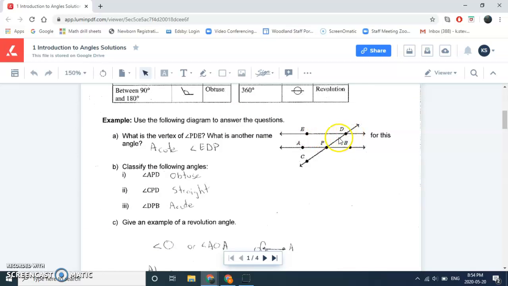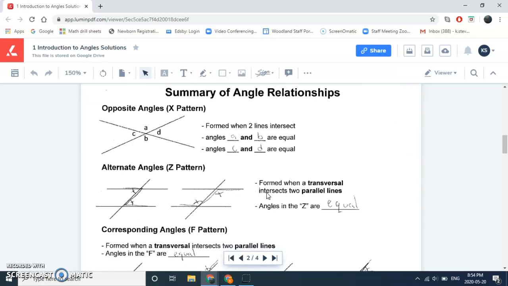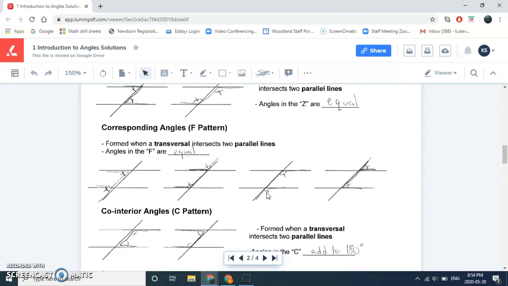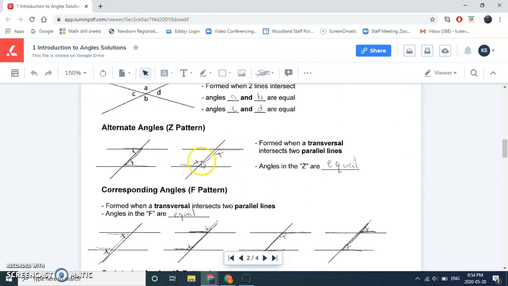Wherever we see a Z pattern, whenever we see the X pattern as well, we can figure out which ones are the same. So the insides, and then that one again, we've got both of those bigger ones. So we see that these look like they're acute angles, and these ones are both obtuse angles, but they are always equal.